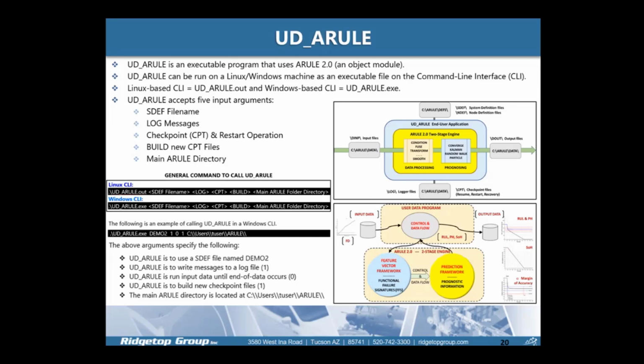We have enable logging, and then there is no CPT mode used. It's just going to process all data points. It will build new checkpoint files as well. And lastly, that's the main ARU directory again.